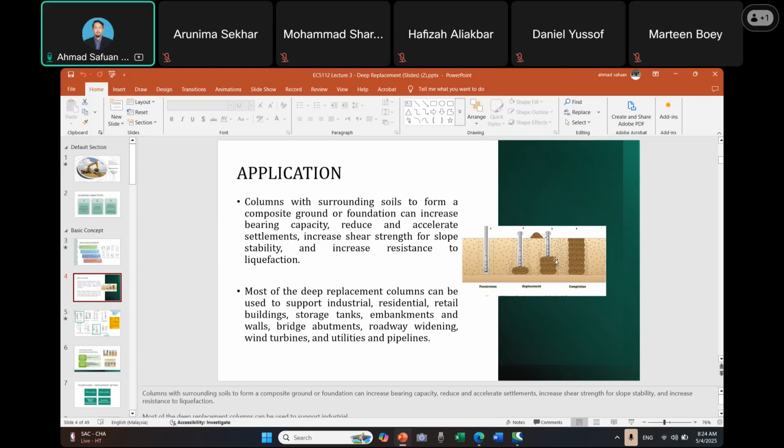The area of improvement depends on how much vibration is used to reach the desired diameter of the column width.